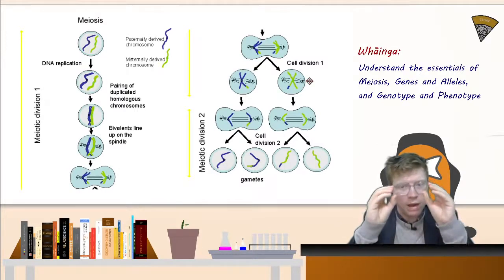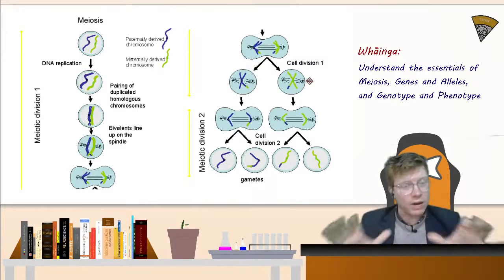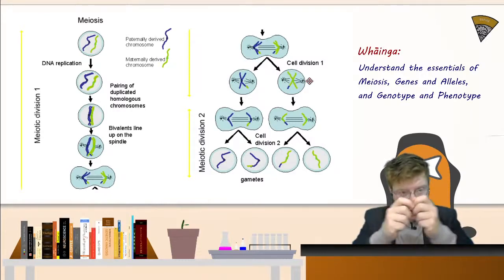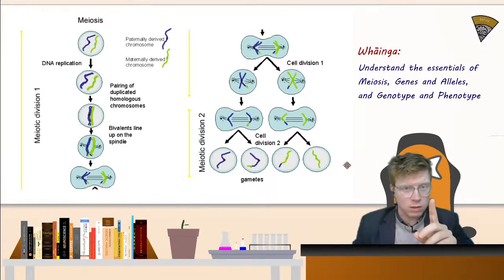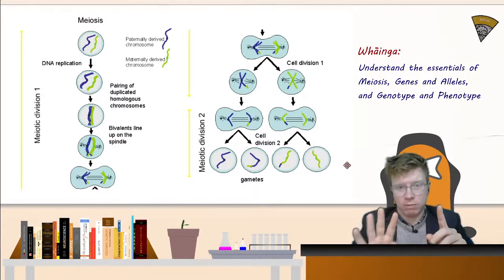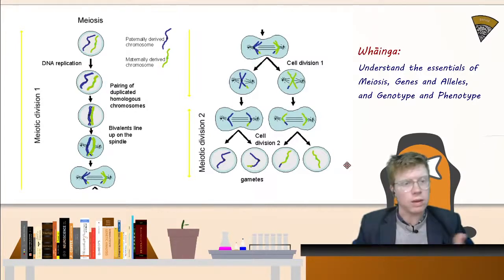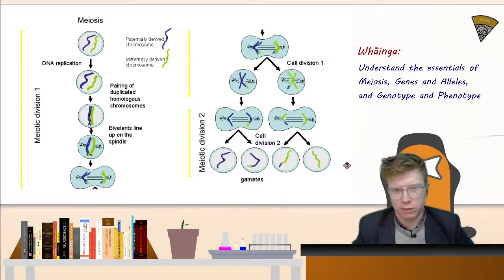Those cells then have to undergo a second division where those sister chromatids are split, and we end up with this at the bottom here. So from one diploid cell, we have 4 haploid cells. Compare that to mitosis, where we have one diploid cell producing 2 diploid cells.